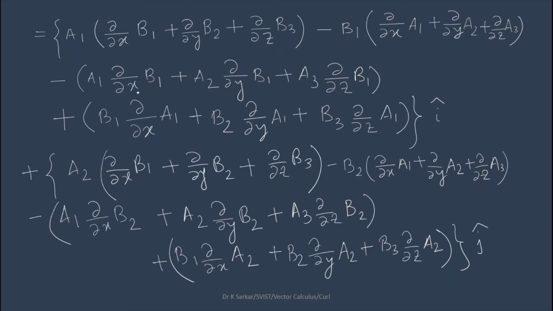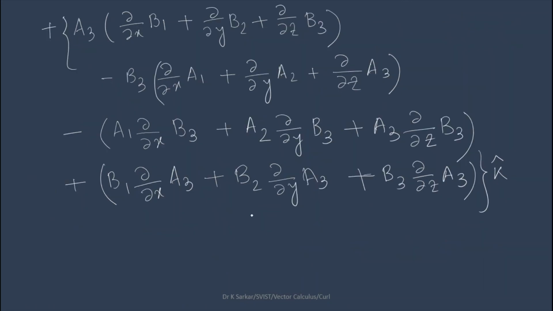Here you see A1 ∂x B1 + A2 ∂y B1 + A3 ∂z B1. So B1 can be taken common, we'll get B1 i. Similarly from here B2 can be taken common and B2 j. And similarly B3 can be taken common and it will be B3 k.